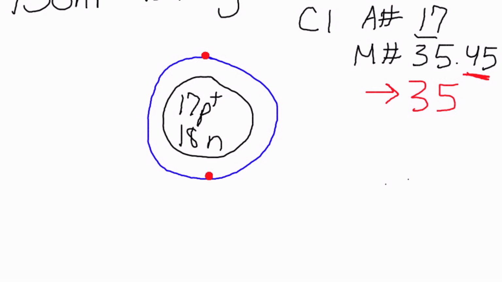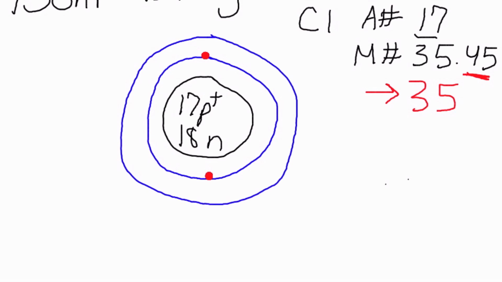So I have 1 there and 1 there. My next shell can carry up to 8 electrons. So you start at the top and go clockwise. 1, 2, 3, 4, 5, 6, 7, 8. This brings me to a total of 10 electrons.